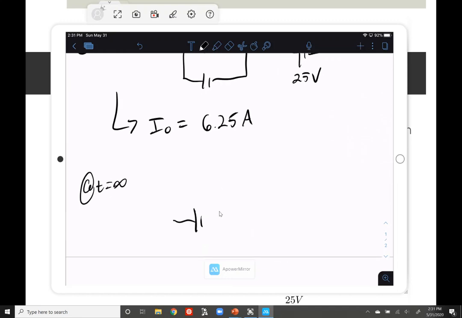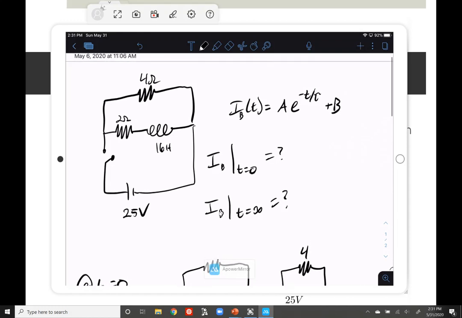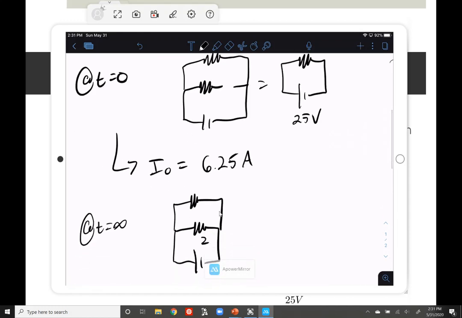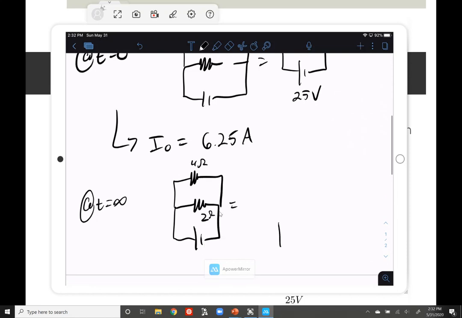Then at t equals infinity, we know the inductor just behaves like a short. It's having no effect. We've equilibrated, and we have now almost entirely removed the inductor from the behavior. And we can just combine these two resistors in parallel. I go 1 over 2 plus 1 over 4, and I invert that.